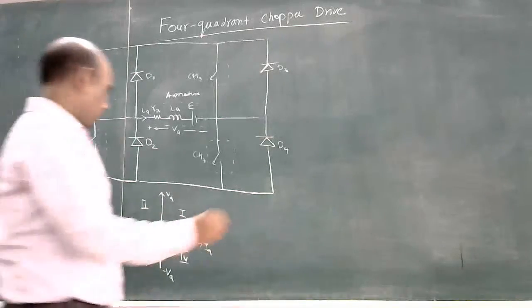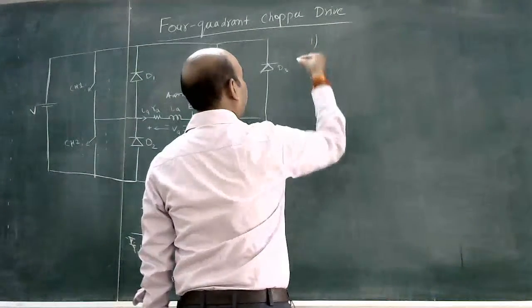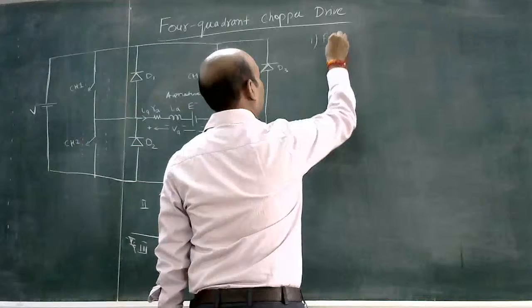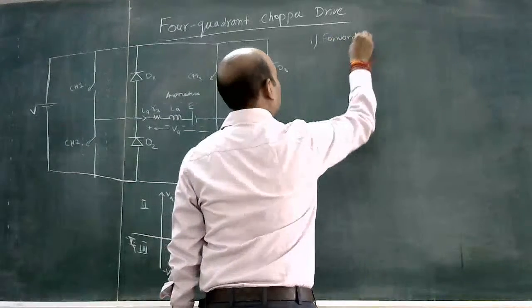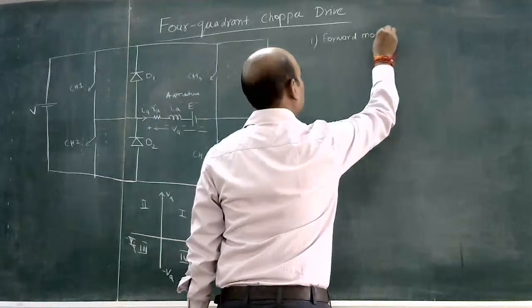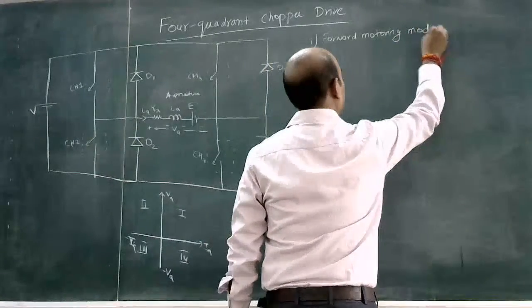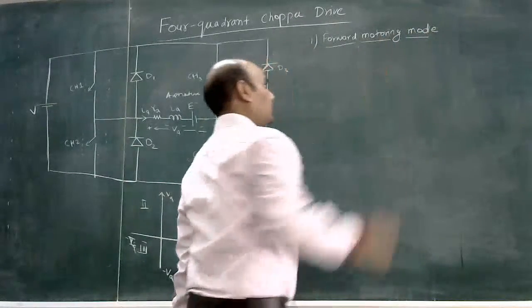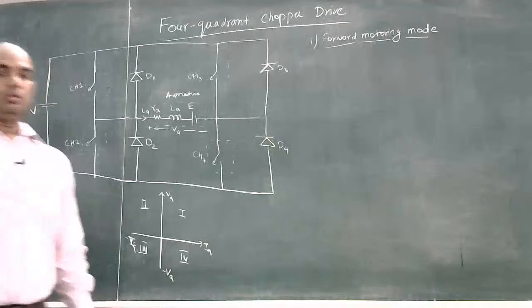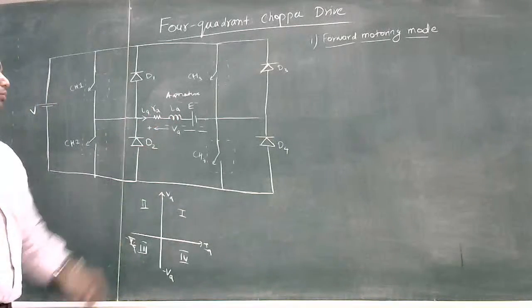First we will start with quadrant 1, that is forward motoring mode.